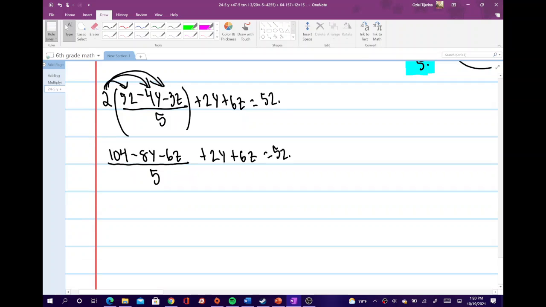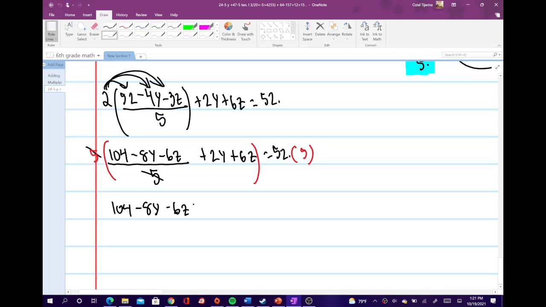Now watch what I'm going to do. I'm going to multiply this entire part by 5 and do the same thing to the other side so that the fraction will cancel out. The fraction cancels out here, but here we have 104 minus 8y minus 6z, and then we multiply 5 to the 2y plus 6z.